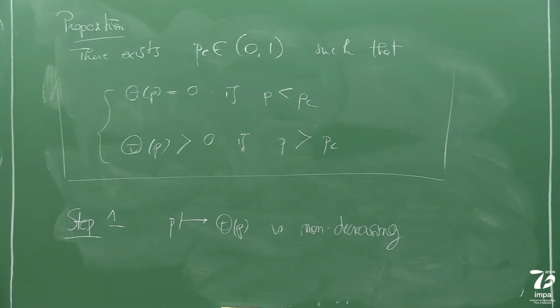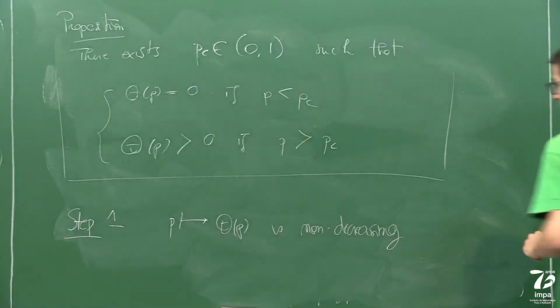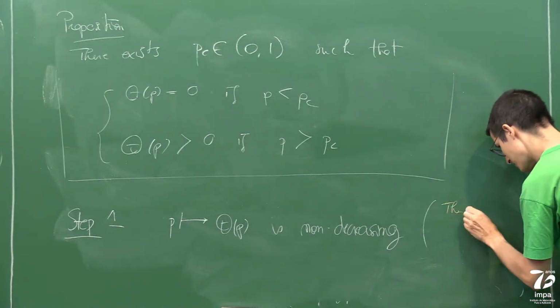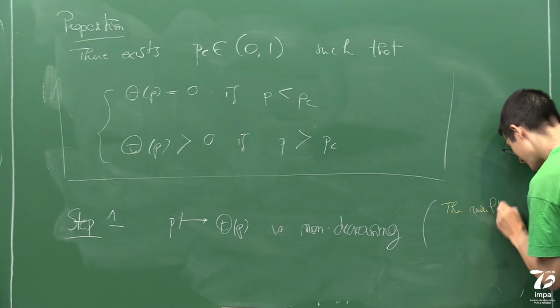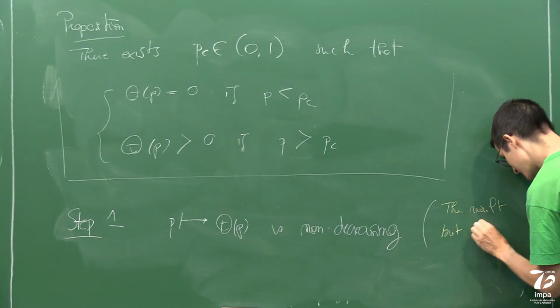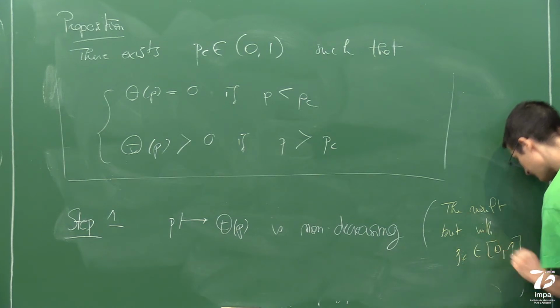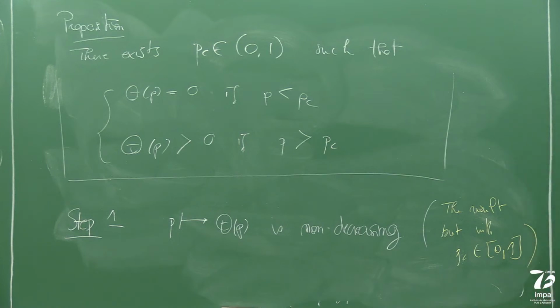However, you need to do some work to translate this intuitive idea that larger p means more open edges. Basically, this gives you the result, but with p_c in [0,1]. Well, this doesn't exclude the fact that p_c could be equal to 0 or equal to 1.